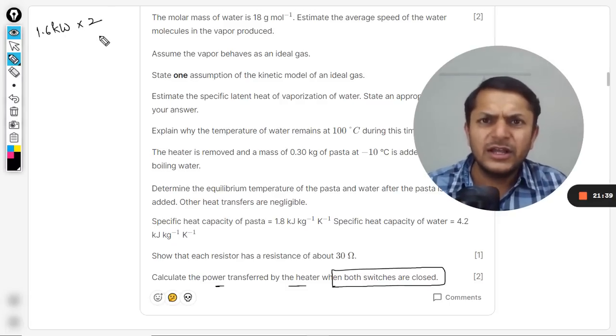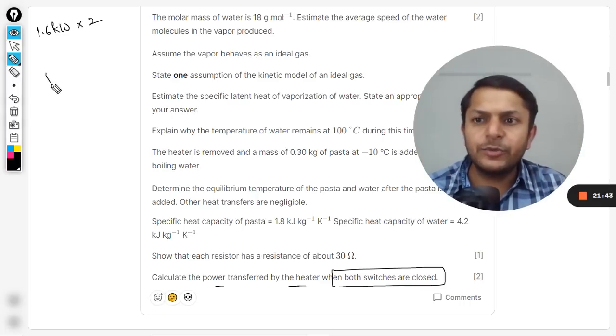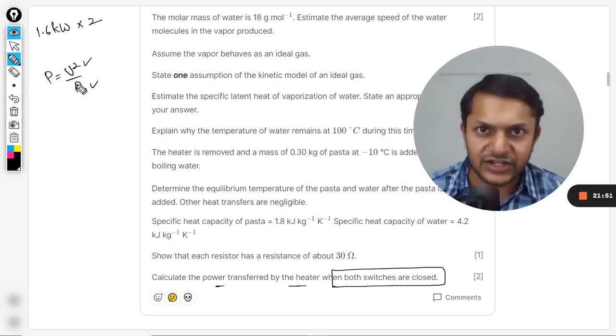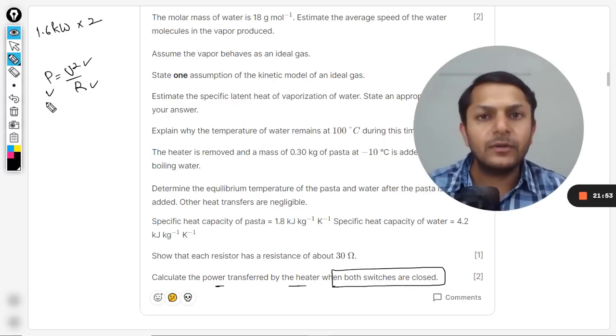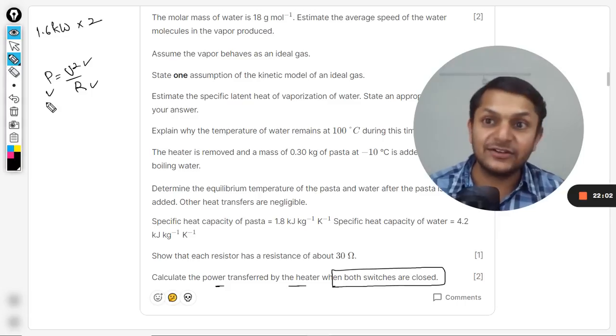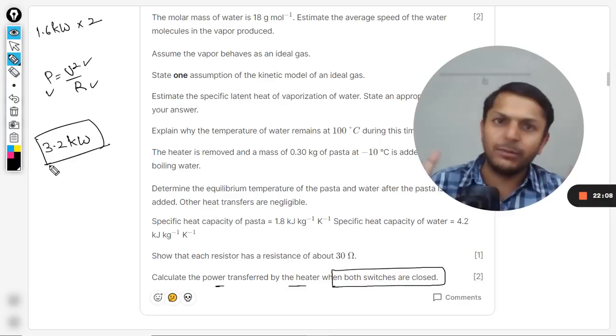There is nothing to think about because the voltage is going to remain the same, and so the power formula, which is V square by R, is not going to change. Neither the individual resistance is changing nor the individual potential difference is changing. It means that the power produced by one resistor is not changing. So 1.6 kilowatt will be produced by the first resistance, 1.6 kilowatt will be produced by the second resistance. Overall, the total power output now will be clearly double.